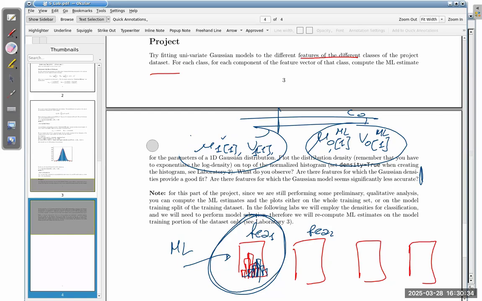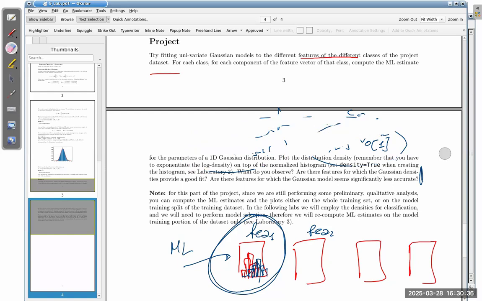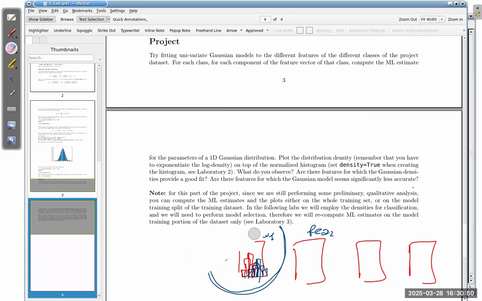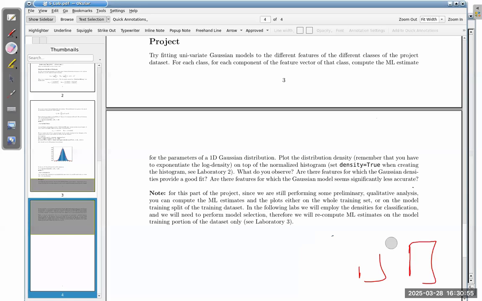So for the moment, it's still an exploratory analysis. We try to fit the data with Gaussian densities, for each feature, and compare them to the histogram. We will see that in some cases there will be a good fit, and in some other cases there will not. And this will have consequences when we use this for classification next week.